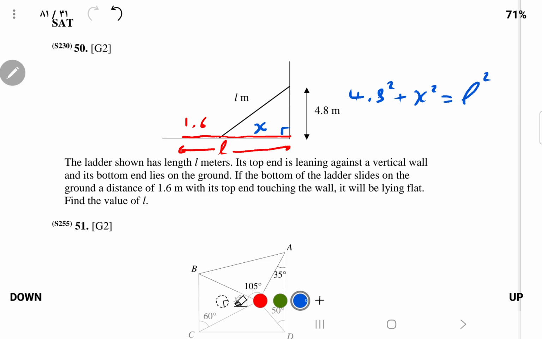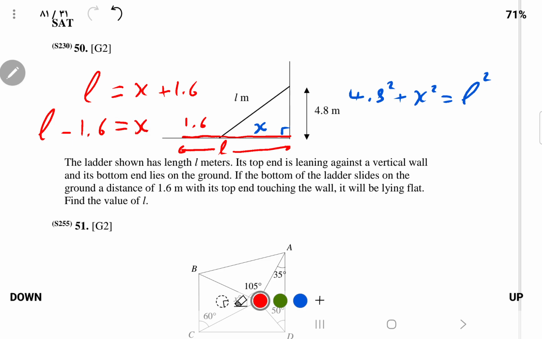But you can easily notice from the geometry of the diagram that the length of L is equal to x plus 1.6. So if you take 1.6 to the left side, you can say that L minus 1.6 is equal to x.